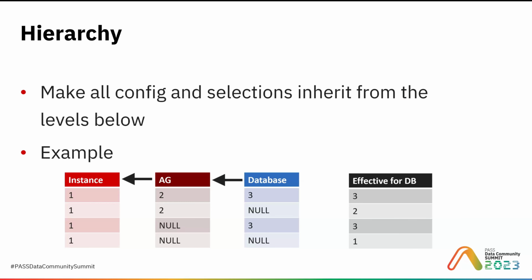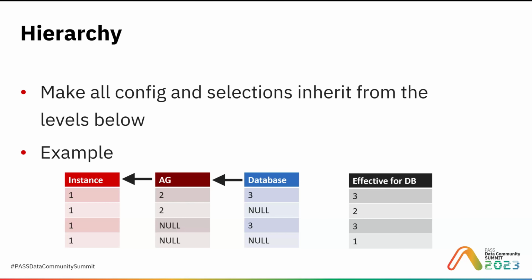If you don't like it for the AG, you can set it for the instance. And even higher up, the highest level of the hierarchy is my default value for each and every setting that I have, like backups, once a day full backup, or once a week full backup on the weekend, or something like this. Unless I override it, it uses the default.